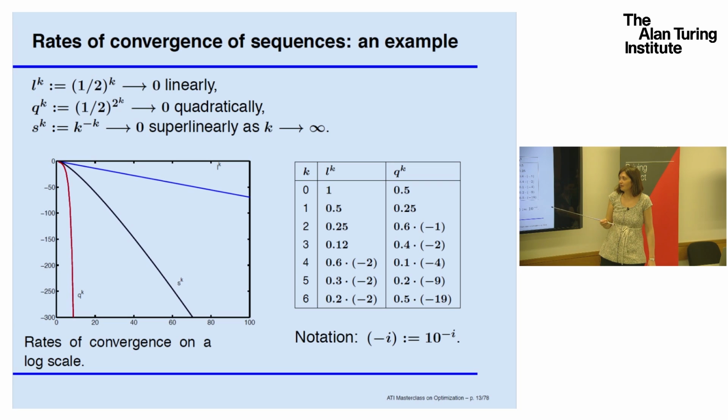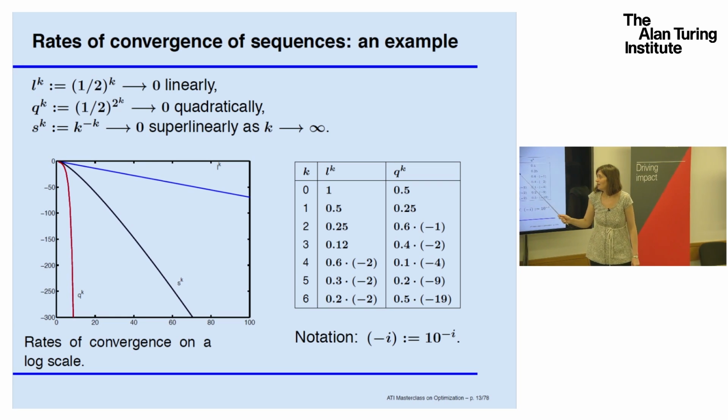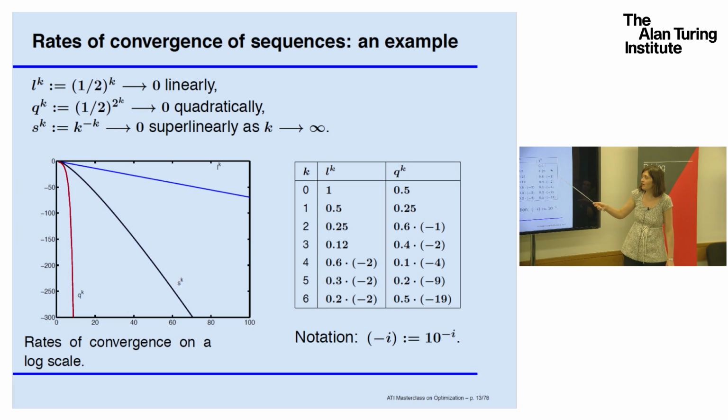Okay? We'll mention these rates later on. This is why I'm mentioning them now. And you can see here the rate at which the error decreases. Having shown you how fast quadratic and superlinear are, I should say that a linear rate in principle is not a bad rate. That is not a bad rate in an absolute sense.